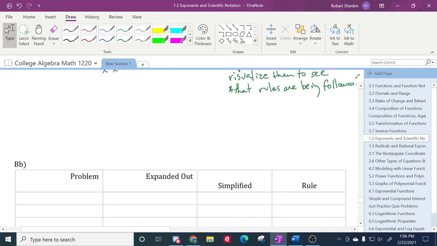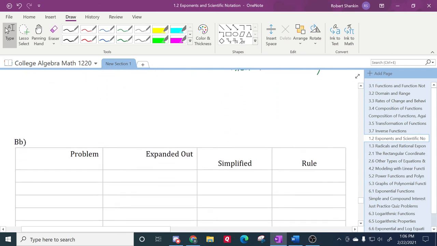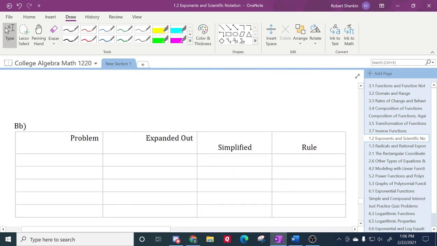All right, now we're going to do some problems here, and we're going to write them in different formats. So the first one is this: x to the third times x to the fourth. Expanded out means don't use exponents.